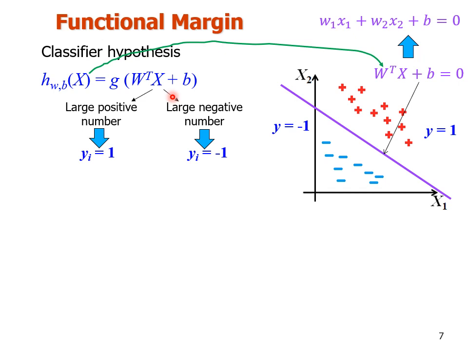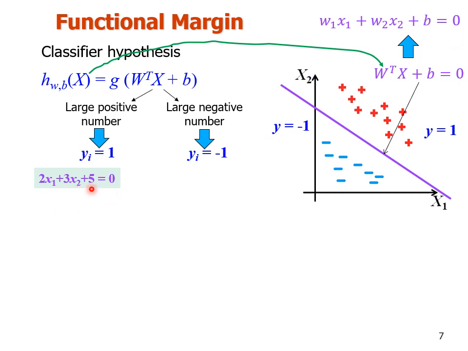Let me explain this with one example. Suppose our decision boundary for a given problem is given as 2x1 plus 3x2 plus 5 equal to 0. Correct? It takes the form w1x1 plus w2x2 plus b equal to 0.